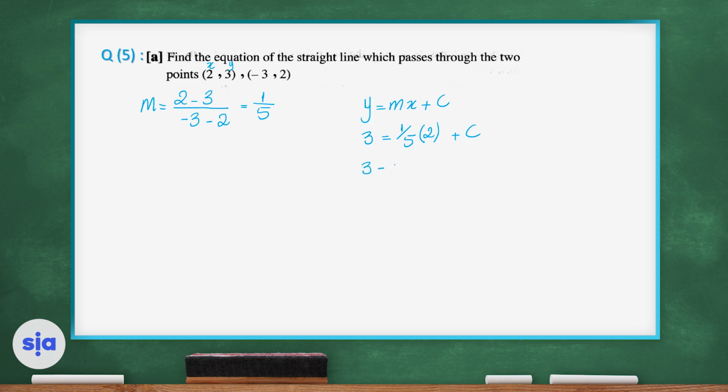Then 3 minus 2 over 5 equals c. Then c equals 13 over 5. To find the equation will be y equals 1 over 5 x plus 13 over 5.